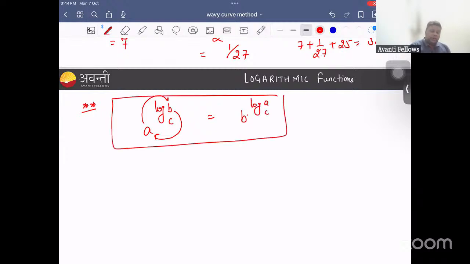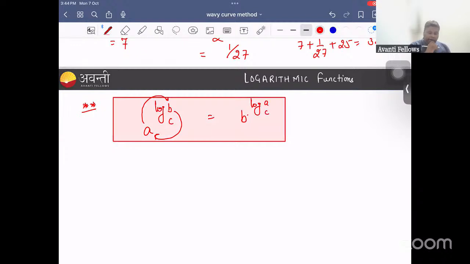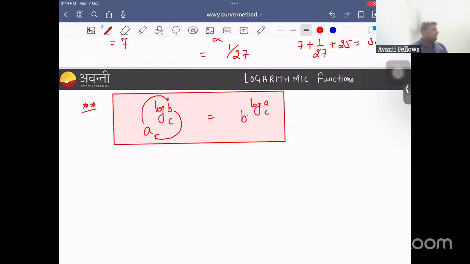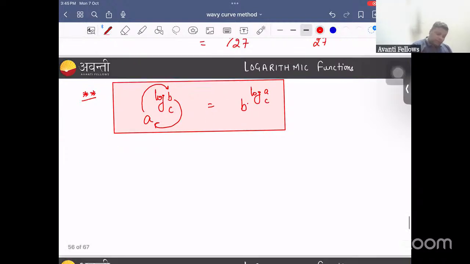Very useful. a to the power log b base c is b to the power log a base c. The proof is also very simple, but let's not dig into the proof right now. So this is it. Now write any question on it.